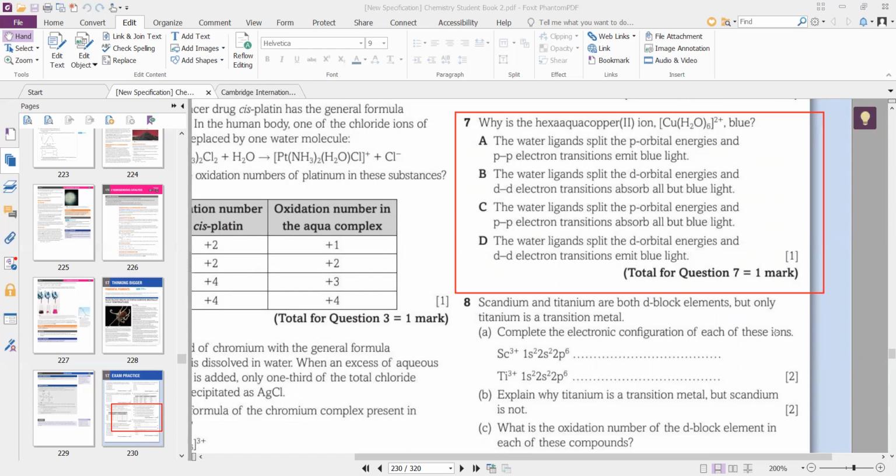If the p-p transition is wrong, therefore we can simply remove A and C, right? Water can split the d orbitals and the d-d electron transition absorbs all but blue light. No emission will take place. The color complementary to the absorbed color can be seen.